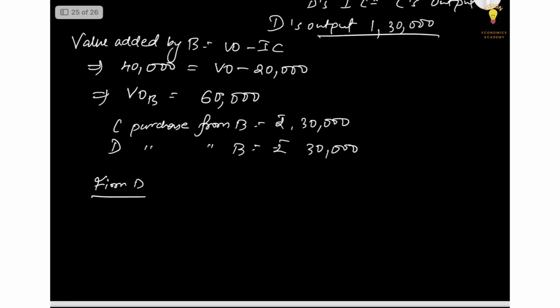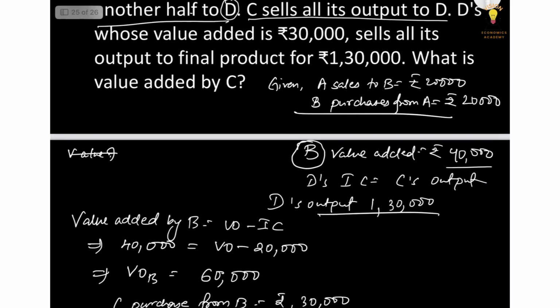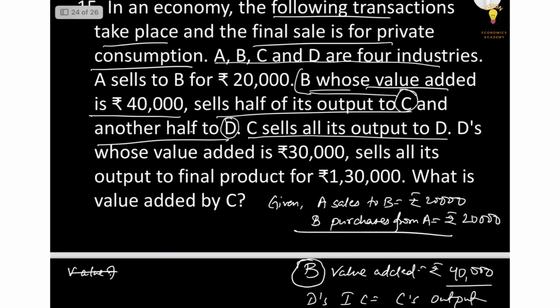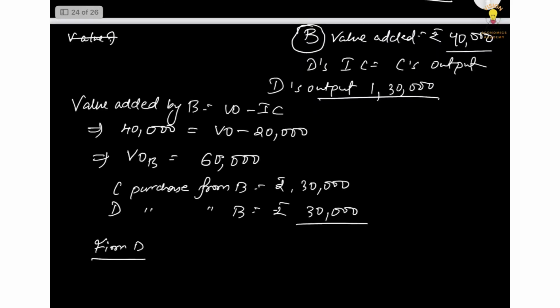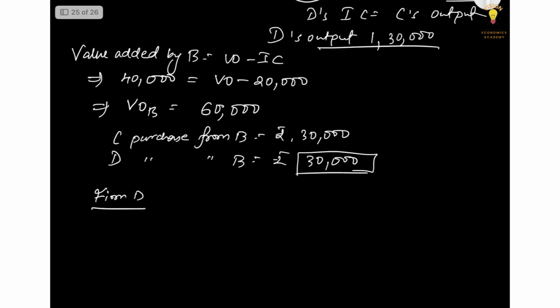A part of its intermediate cost is 30,000, but it's not the whole. D has also purchased from C, because C sells all of its output to D. So D has purchased from C and B as well. We know how much it purchased from B. Now we need to find from C as well.